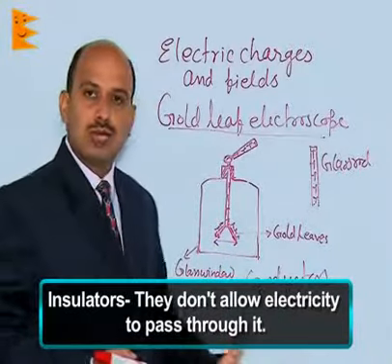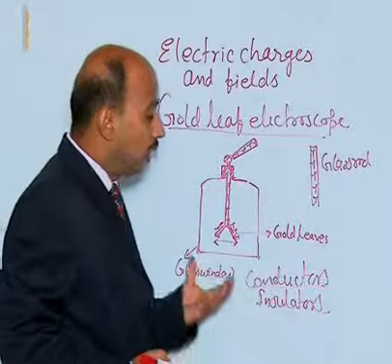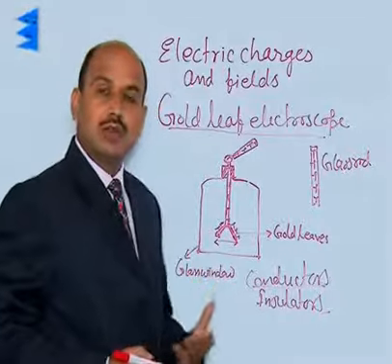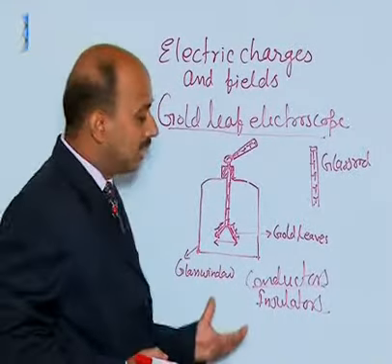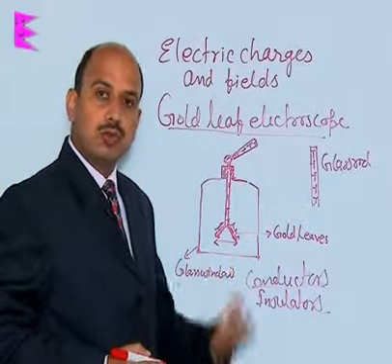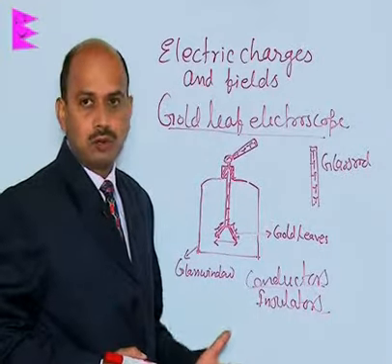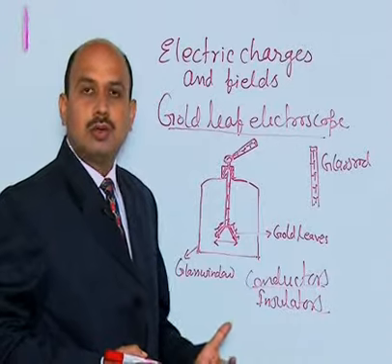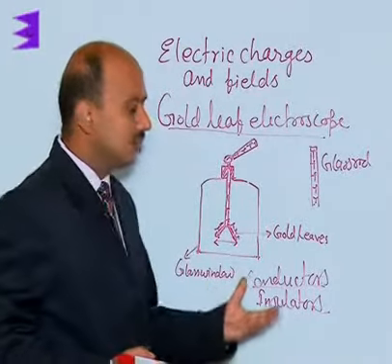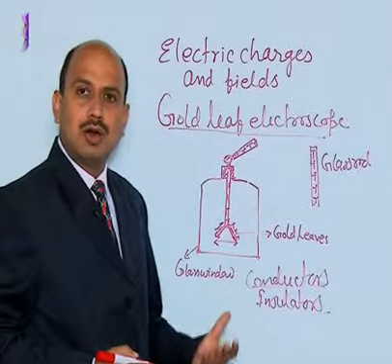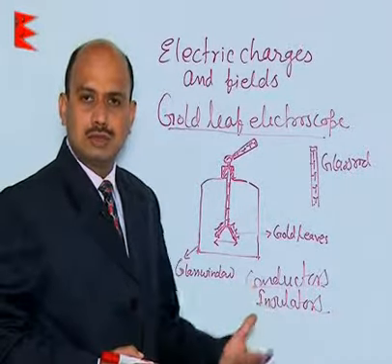If the charges are on the metal part, they can move easily, they are free to move. But if the charges are produced on insulators, they cannot move. They are localized only. Examples of insulators are a plastic rod, nylon, and all these things.